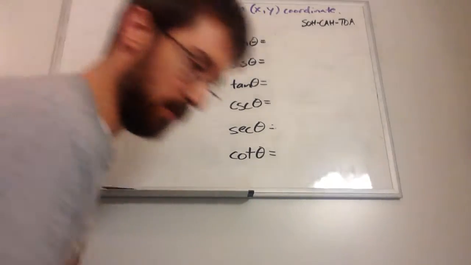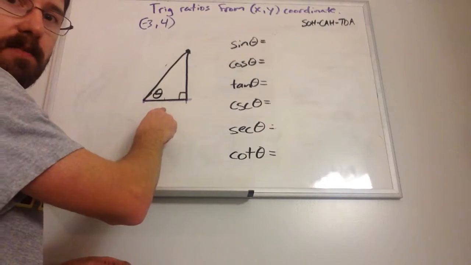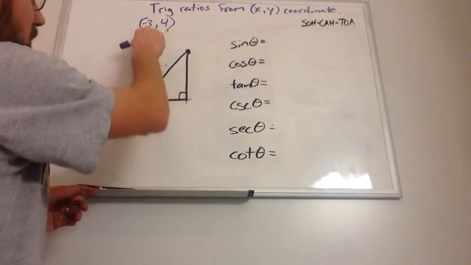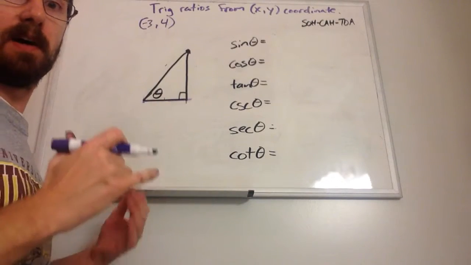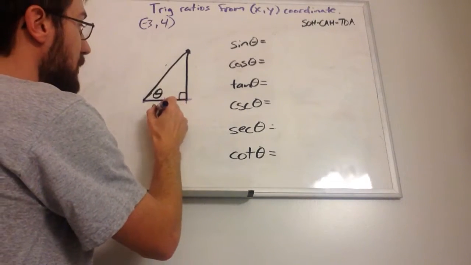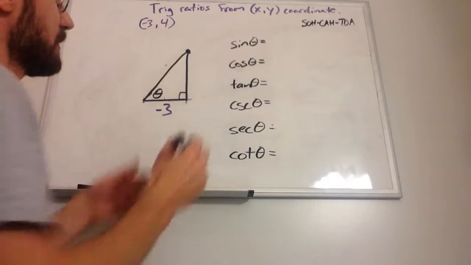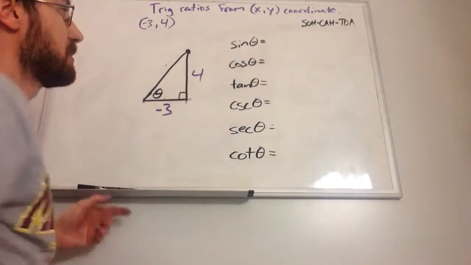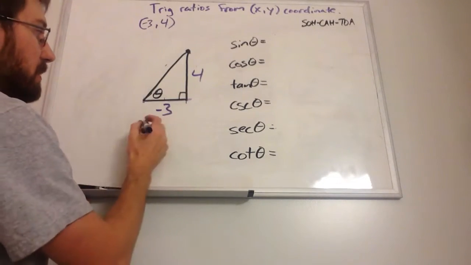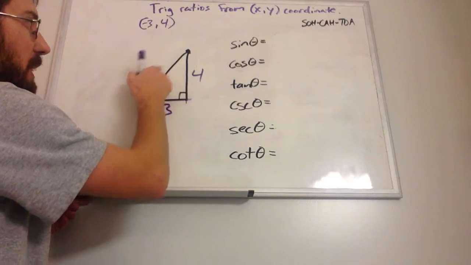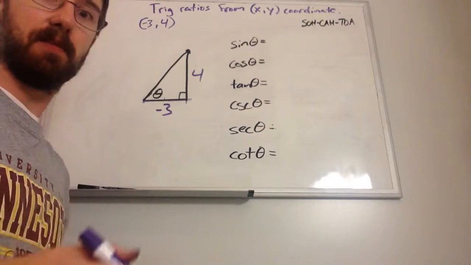But one shortcut we can take is that if we always use this triangle for these problems, I can take that x value, and I know x is the horizontal component of my graph, and I can put that -3 right down here. The y value, that's always the vertical component, so that's going to be right here. And now I can figure out with the Pythagorean theorem what the hypotenuse is, and I can basically do the exact same thing we've been doing since the first day of 13.1.